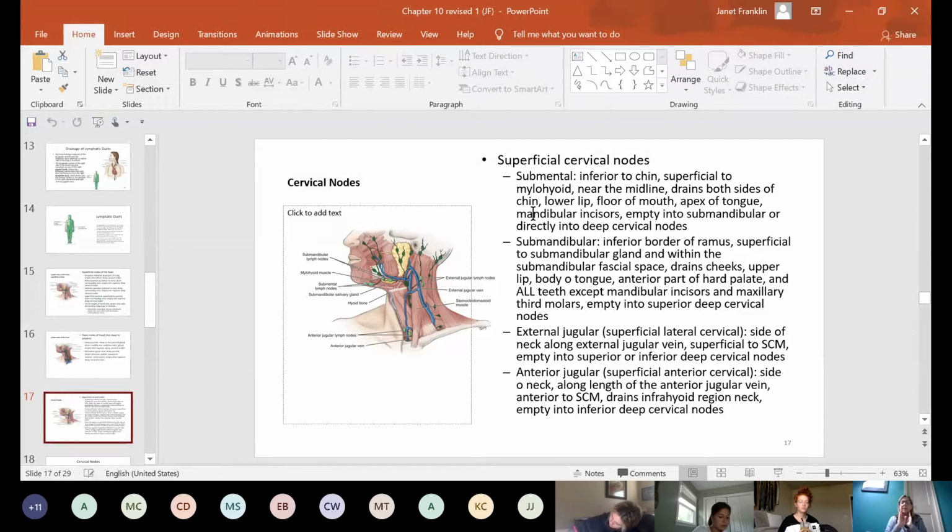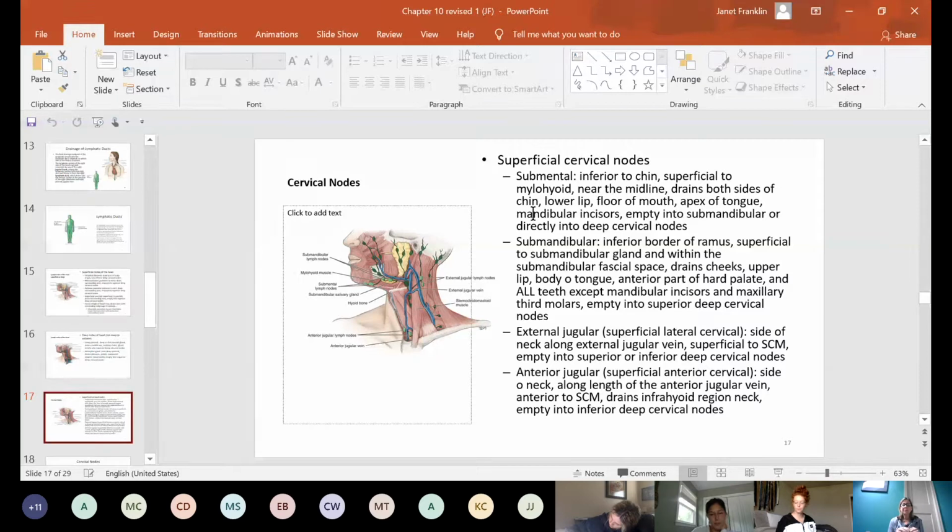So our submandibular nodes are inferior to, or below, the border of the ramus, superficial to the submandibular gland, and within the submandibular space. This drains the cheeks, the upper lip, the body of the tongue, the anterior part of the hard palate, and all the teeth except the mandibular incisors and maxillary third molars.